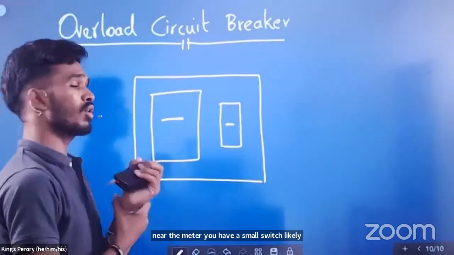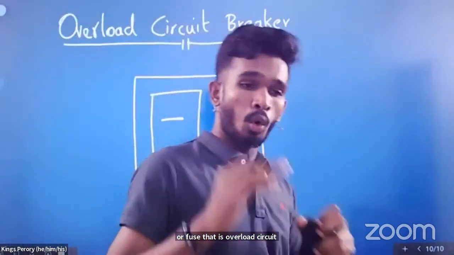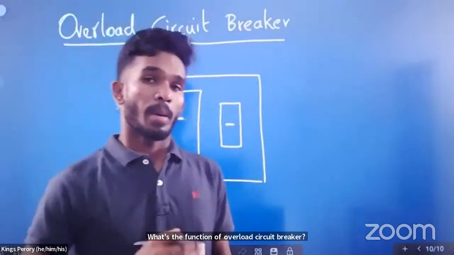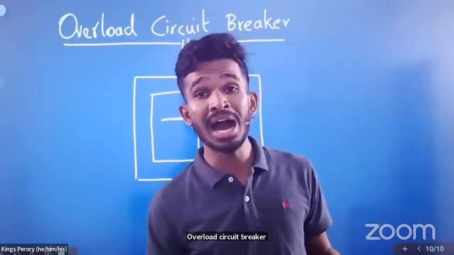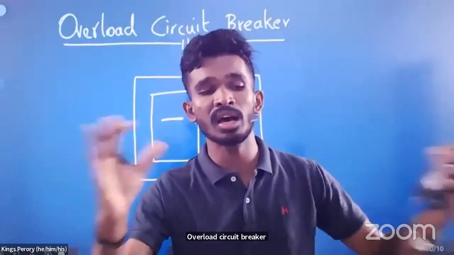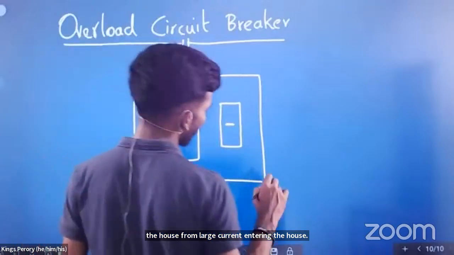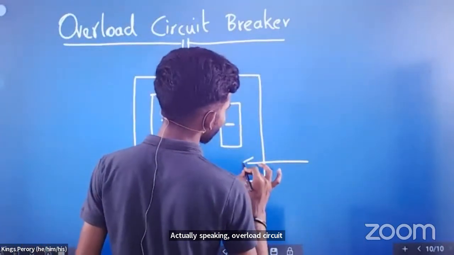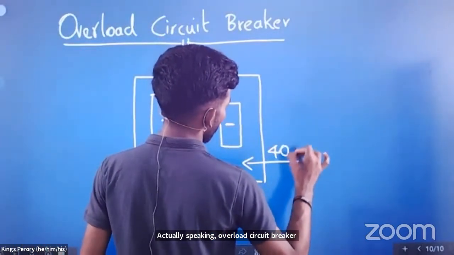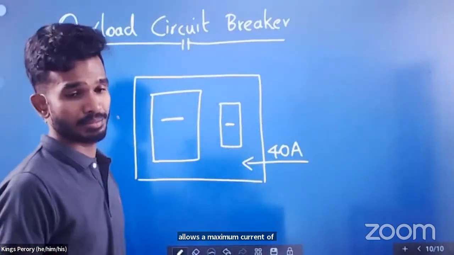What is the function of the overload circuit breaker? It protects the house from large current entering the house. Actually, the overload circuit breaker allows a maximum current of 40 amperes to come.